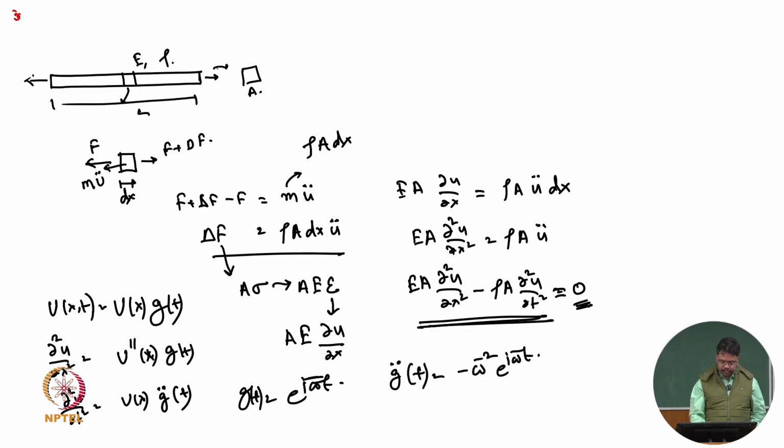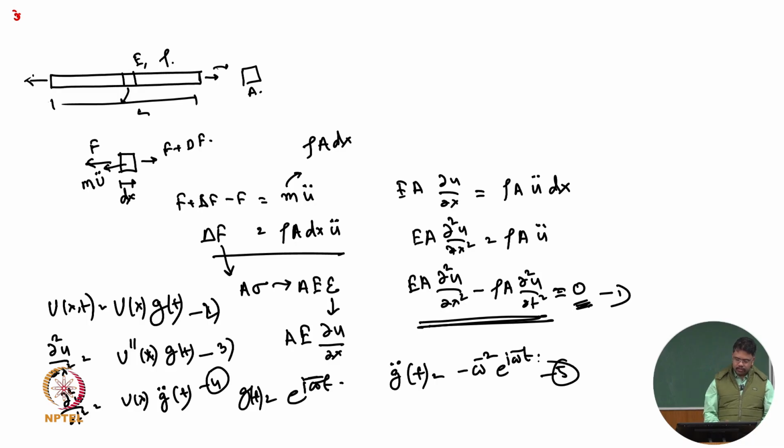Simple. Now if we are substituting this full thing here, what can we get? What we are substituting, we are labeling these as equations 2, 3, 4, 5. So if I am substituting 2 to 5 into 1, what can I write?